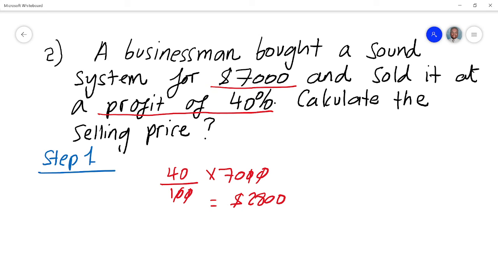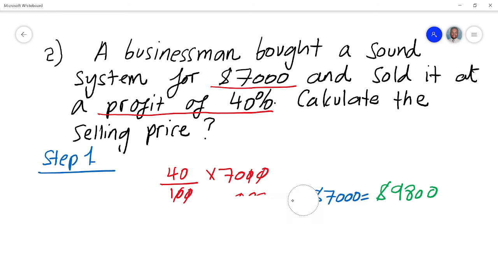And if you want to find out the selling price, what you now do is you add $7,000, and that's going to be $9,800 as your selling price. So that's the first method you can use. You go 40 over 100 times 7,000, and then you add $7,000 because the addition tells you that this businessman has made a profit. So that's step 1.